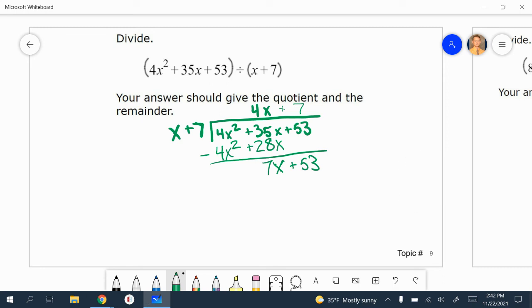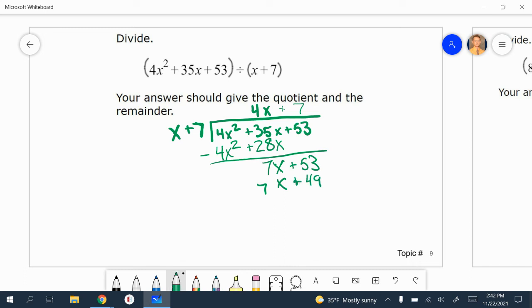So now, when I multiply that 7 through, I'll have 7x. 7 times x is 7x. And then 7 times 7, so if you're lost, I'm taking this 7 and multiplying it by these pieces now. I already multiplied it by the x. I'm going to multiply it by the 7 now. So 7 times 7 is 49.